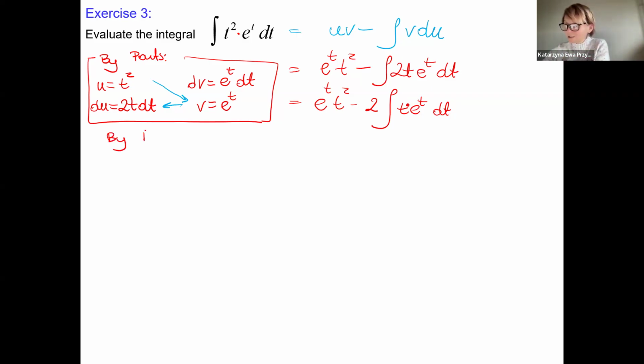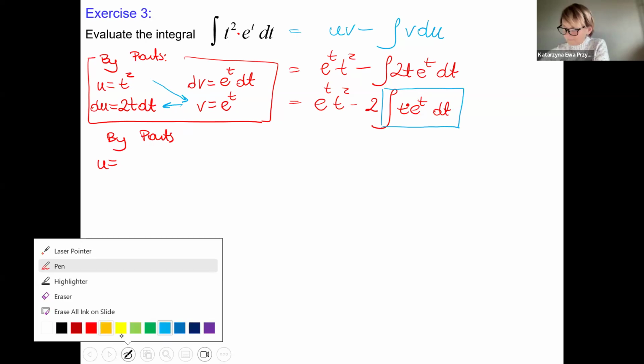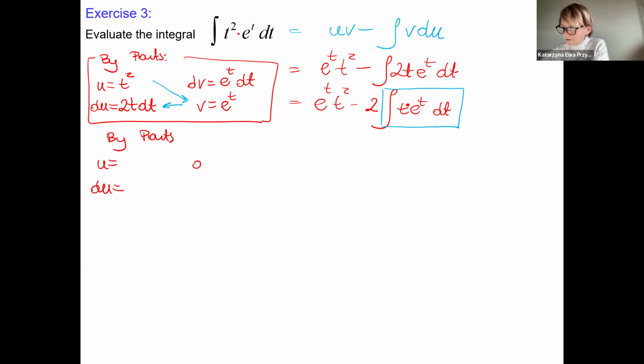Okay, integration by parts, but now we're looking at this one. u, du, dv, and v.